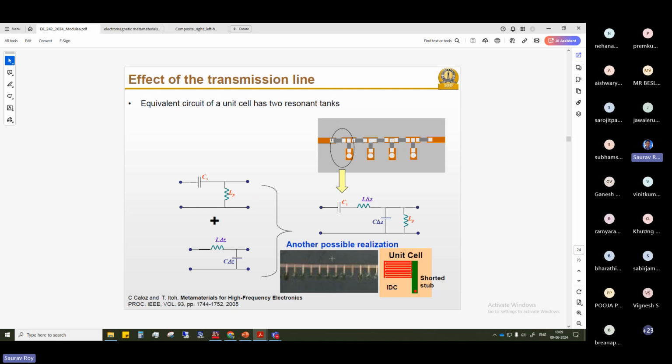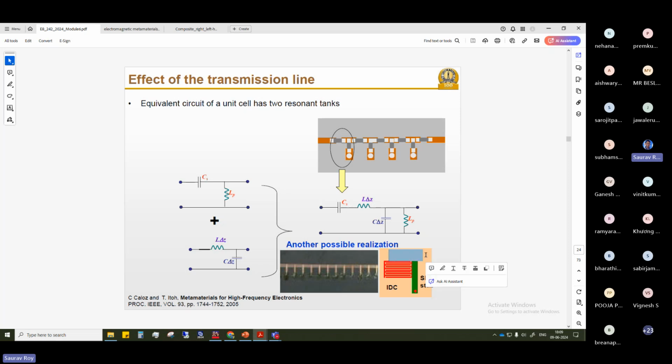What people have done, if you see this picture, is that this Caloz group demonstrated using inductor and capacitor together. There is another way: for the inductor, we have seen a shunted stub can replace an inductor. But a capacitor in a series arm is very difficult. You cannot add it like this. So one way is an IDC, or interdigital capacitor.